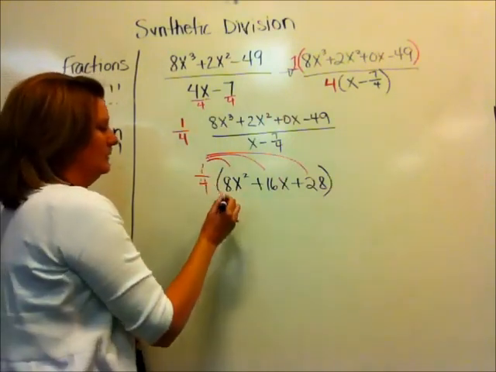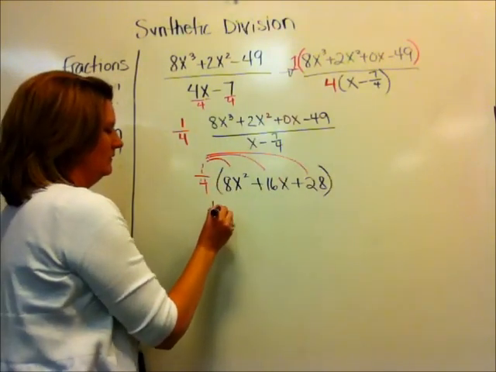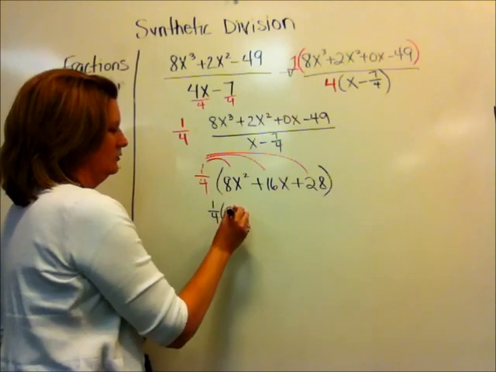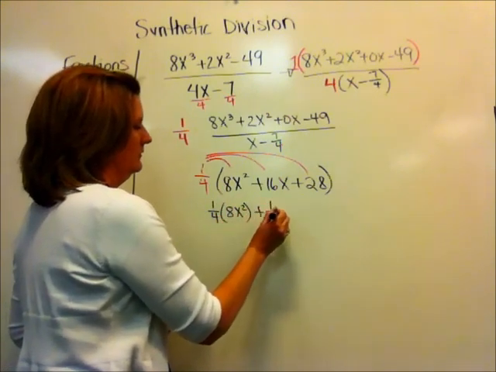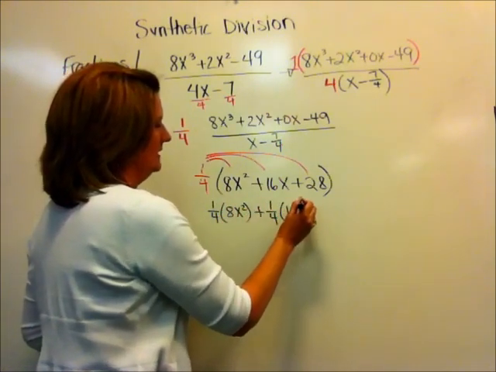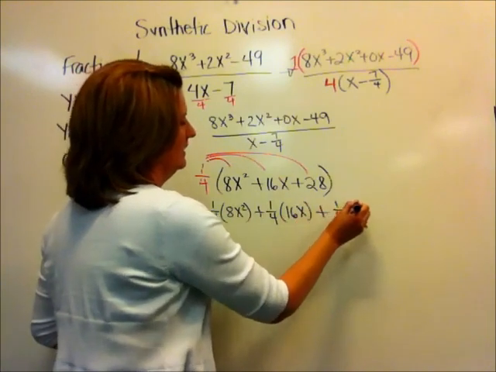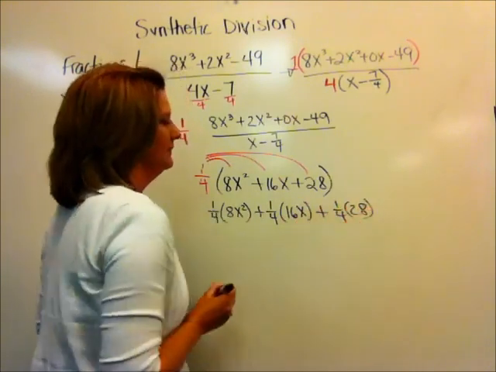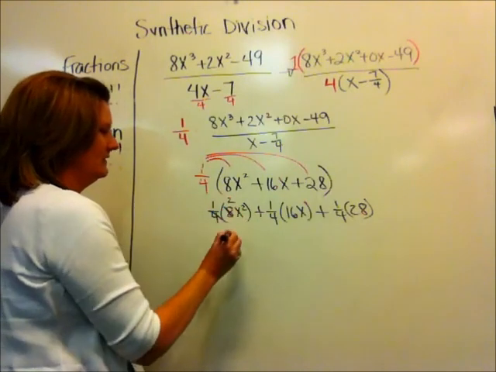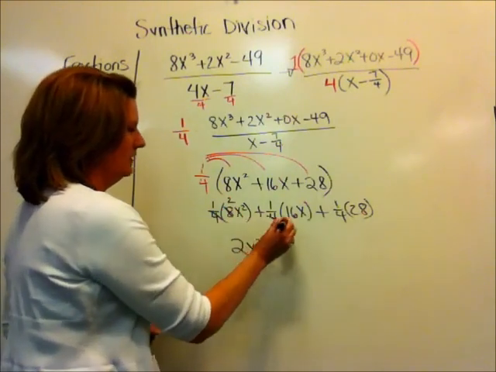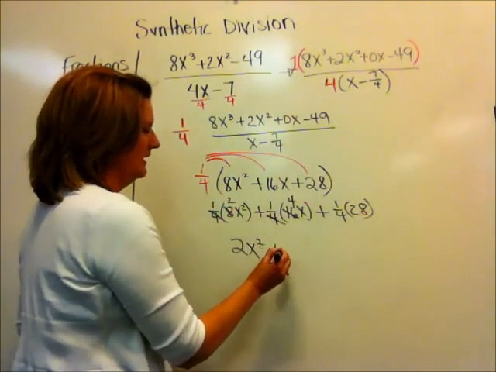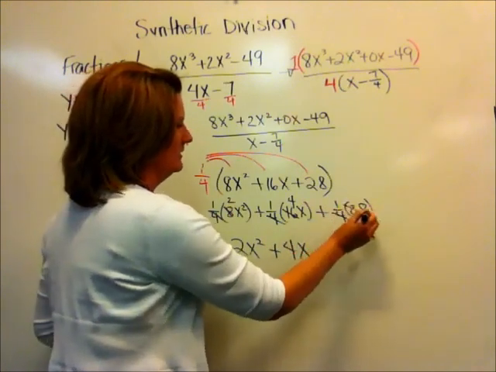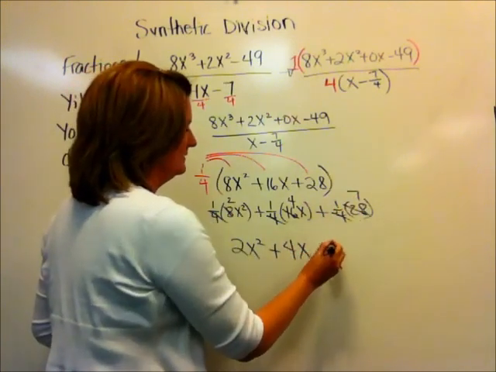So 1/4 times 8x squared, plus 1/4 times 16x, plus 1/4 times 28. 4 goes into 8 twice, that gives me 2x squared. 4 goes into 16 4 times, that gives me 4x. And 4 goes into 28 7 times, so that gives me plus 7.